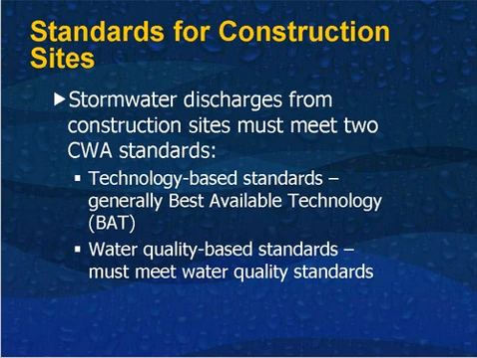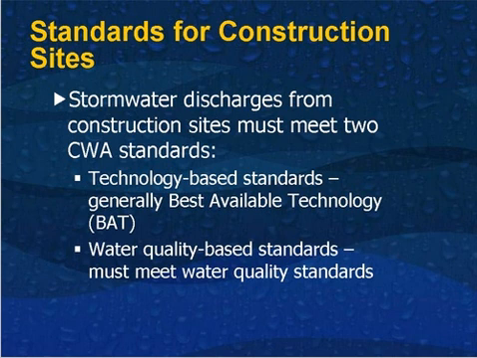So if you look at permits, they will require that construction operators implement BMPs to prevent sediment erosion problems at a construction site. And if they do all those things right, then we presume that that meets these standards. And I should mention that may start to change in the future. EPA is working on an effluent guideline for the construction industry right now, and that would affect the technology-based side of it, and also the water quality-based side of it as we implement TMDLs, which was one of the questions before.